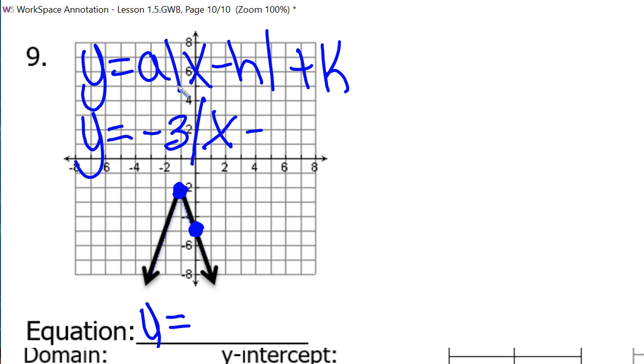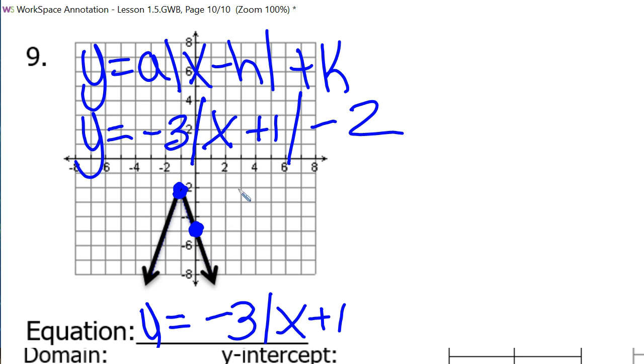Plus 1. K, did it move up or down? Down. Down how many? 2. So what do I have to have behind absolute value? -2. When you write your equation, make sure you have y equals, or f of x equals, whichever. So it's y equals -3, absolute value, x plus 1 on the inside, -2 at the back.